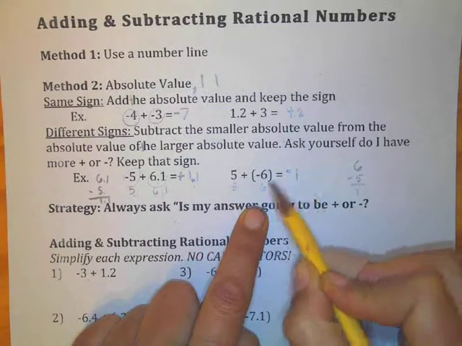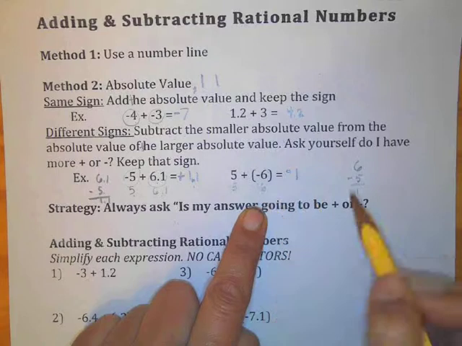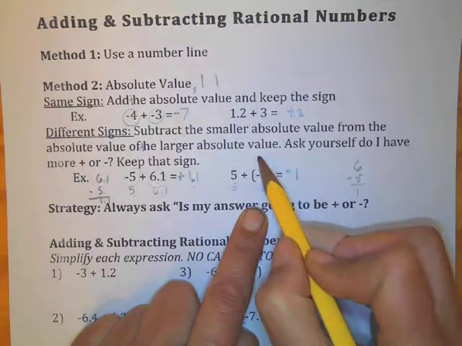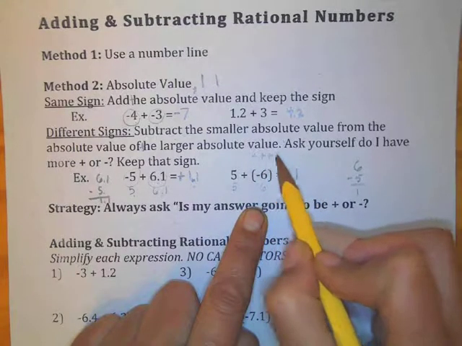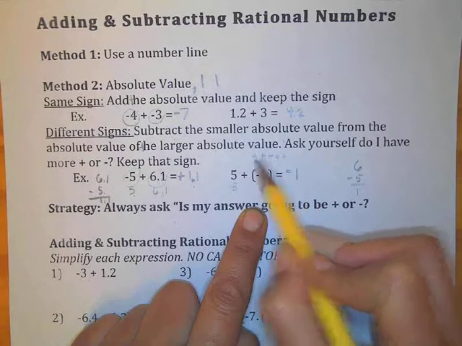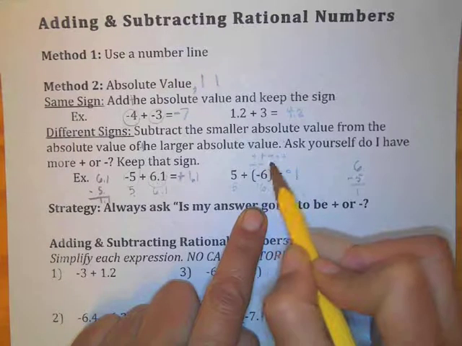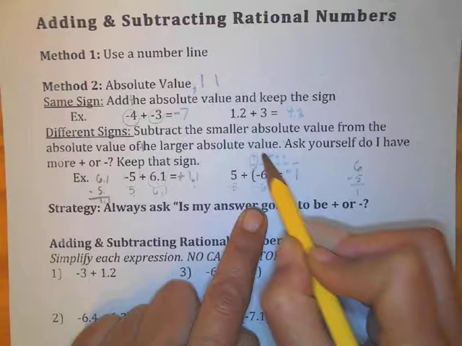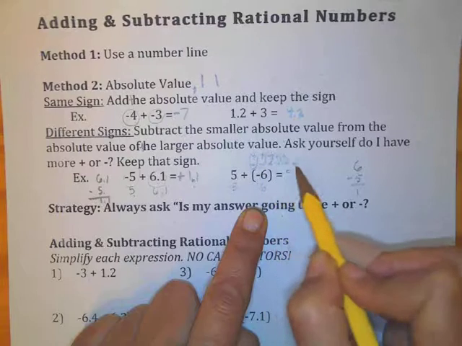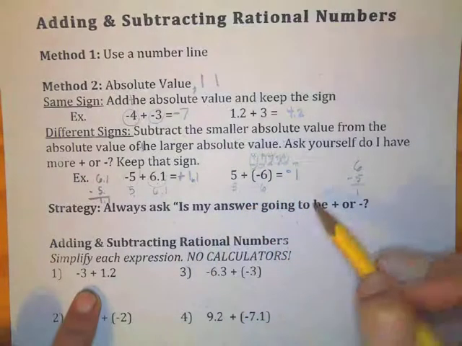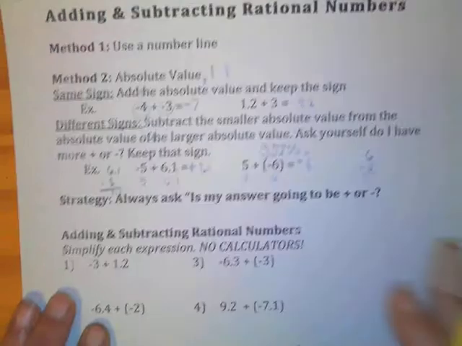So overall, I had one more negative than positive. If you had thought about it doing your little pluses and minuses, which is another strategy, I have 5 positives, 6 negatives, and my zero pairs are going to cancel out, and I'm going to be left with one more negative than positive.